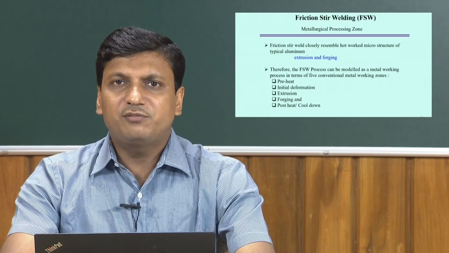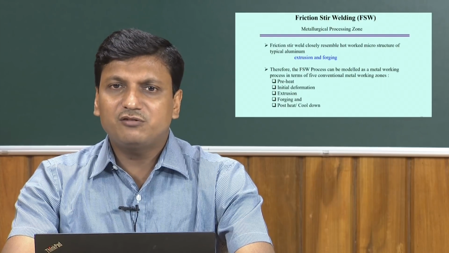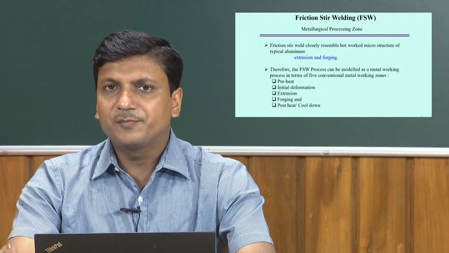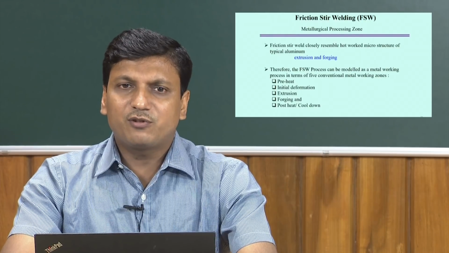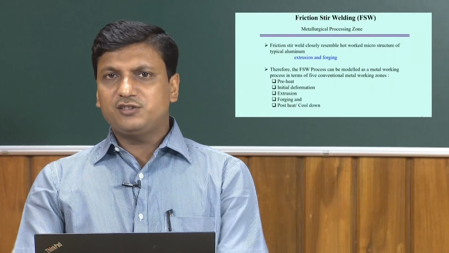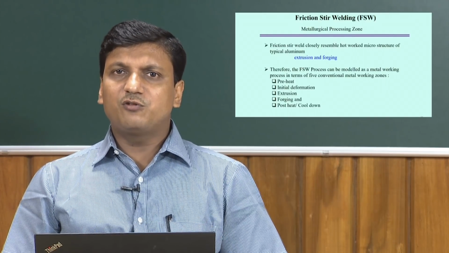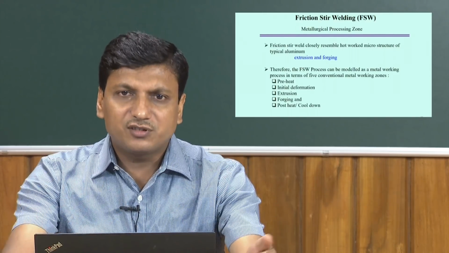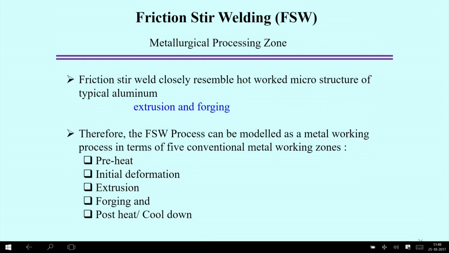We can easily identify the different zones. First, friction stir welding is more closely related to the metal forming process, that means a hot metal working process, and it resembles the mechanisms of extrusion and forging during the process.